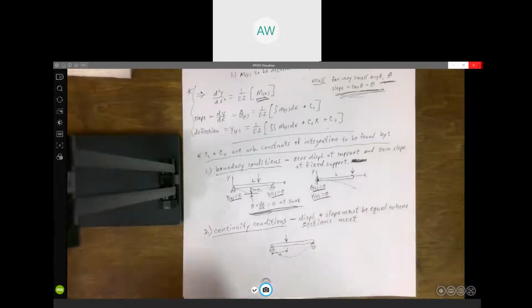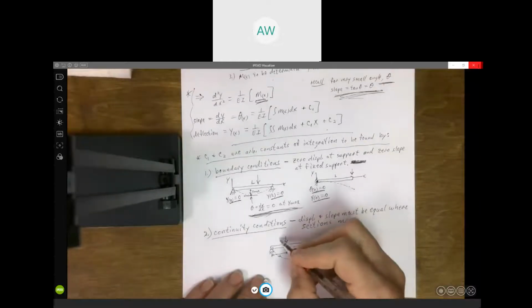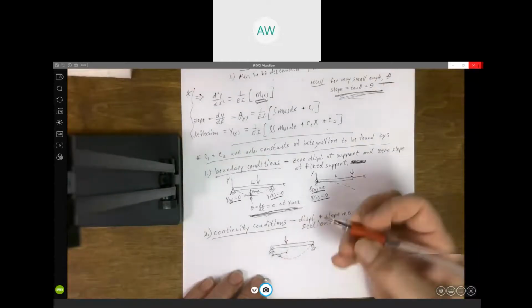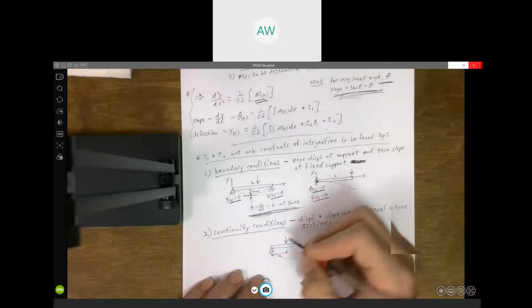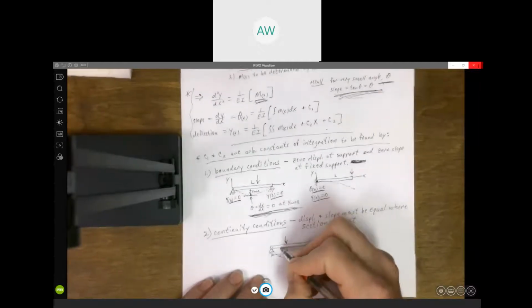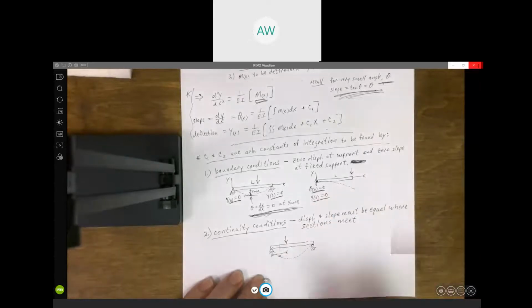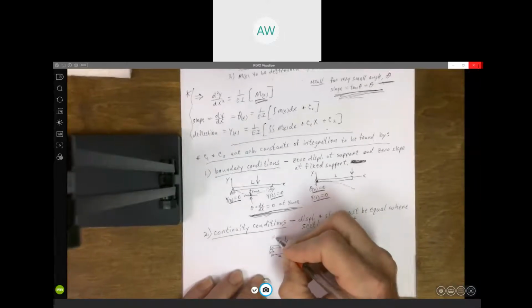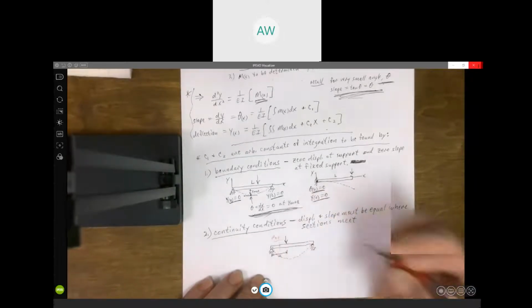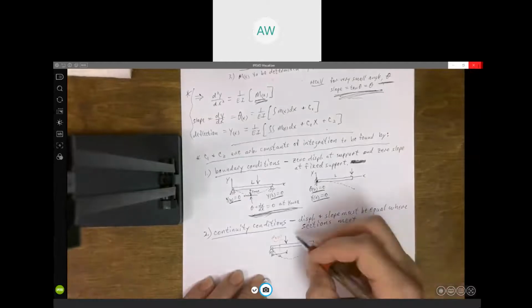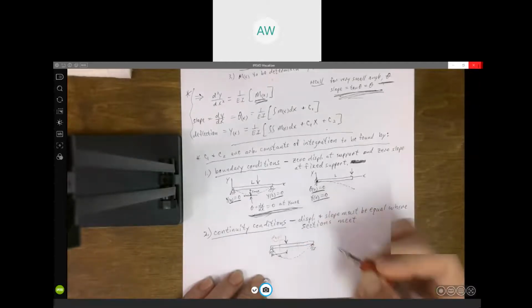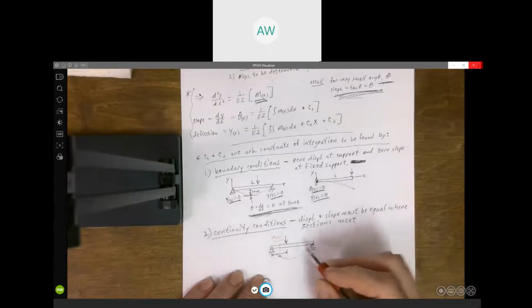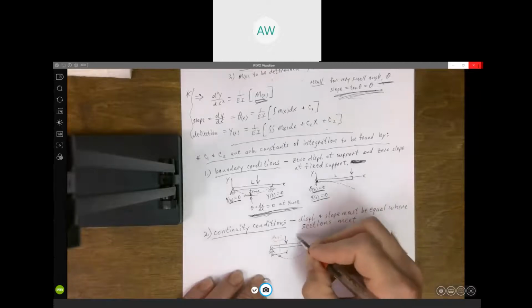So if you had a beam like this, and we'll actually look at an example similar to this tomorrow, you'd have to cut it twice, right? You'd have to cut it one time between the end and where that load is applied, and you would get one moment equation for this part of the beam. You'd have to come over and cut it past that loading change, and for this part of the beam, you'd get a different moment equation.